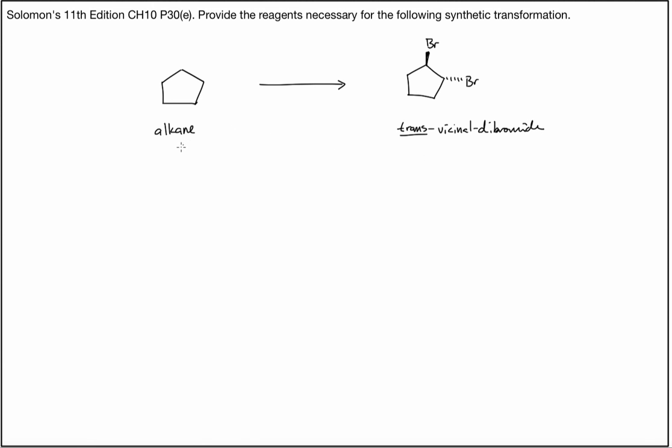The other strategy that I like to take is to determine the molecular formula for both the starting material and the product. We're starting off with cyclopentane, so that's C5. Then we count up the hydrogens: each carbon has 2, so 4, 6, 8, 10 hydrogens. Our product has C5, so the carbon count is not changing.